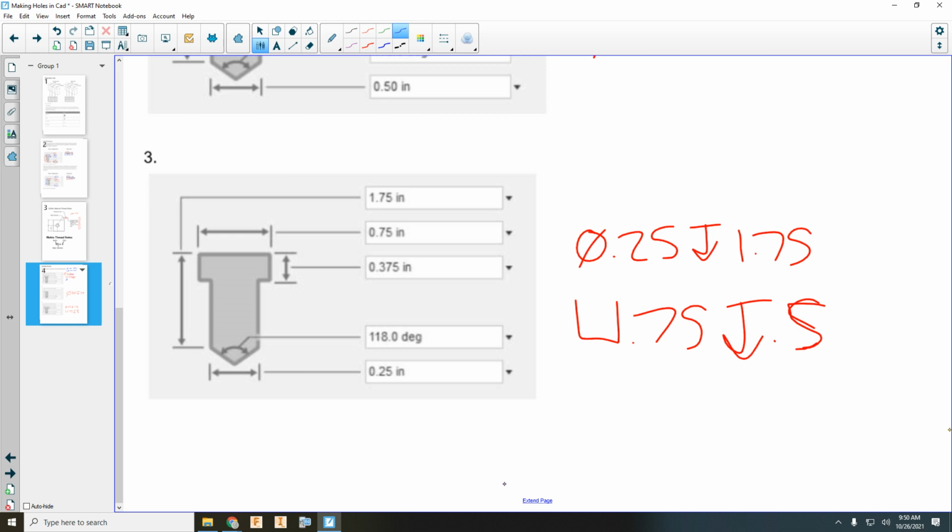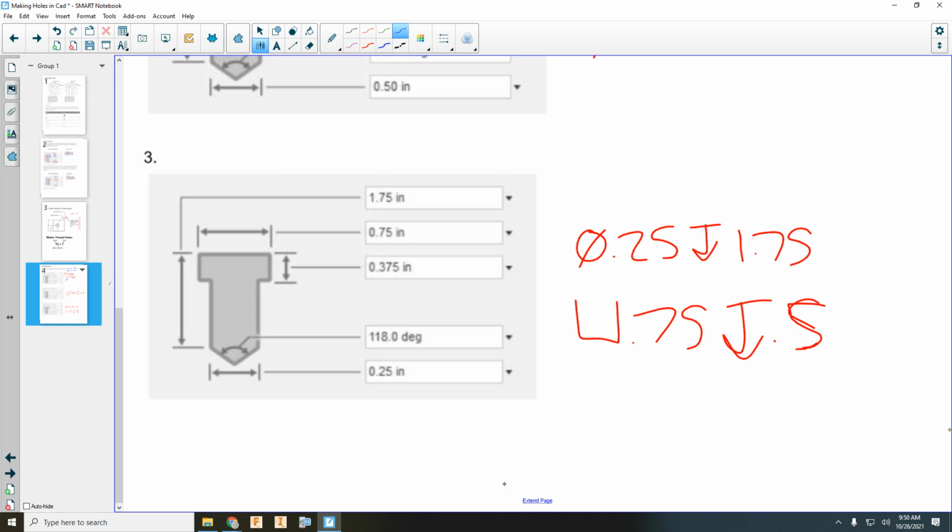Okay, pretty good. We got a couple little mistakes here, I think. First line, overall diameter, 1/4 inch, depth of 1.75. Perfect. Second line, couple little things. What are we missing in the second line? Kellen? You have .375 instead of 0.5. You wrote the wrong number.